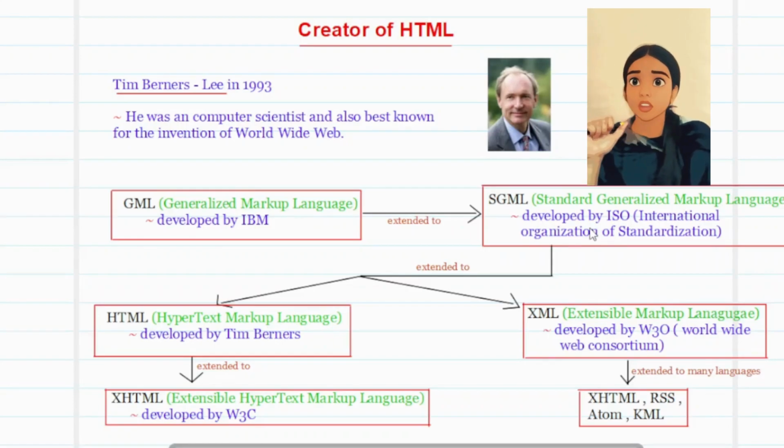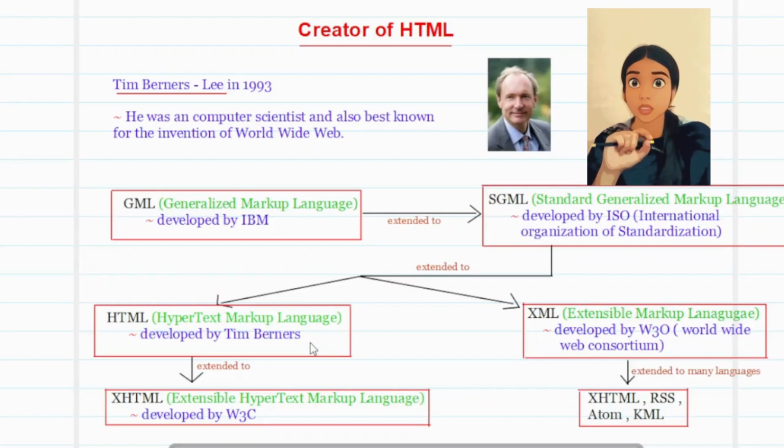Now further, this markup language was extended to two markup languages. First was HTML, developed by Tim Berners-Lee, and then XML, Extensible Markup Language, which was developed by W3C, the World Wide Web Consortium. Moving further, HTML was again extended to XHTML.